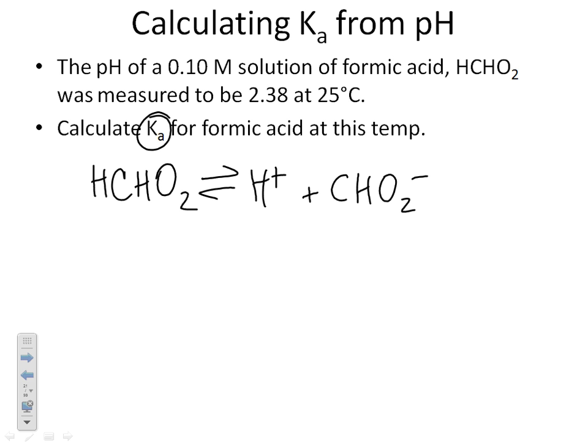So here's where the math is going to come in. ICE, remember we're using molarities in our ICE chart. Here's where we have to interpret the problem. The pH of a 0.1 molar solution of formic acid was measured to be 2.38 at 25 degrees Celsius. So this number right here, the 0.1 molar. Reading and interpreting the problem, 0.1 molar solution of formic acid, the HCHO2.